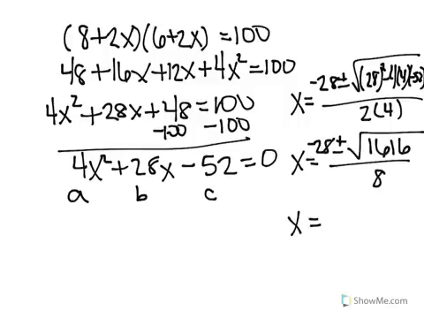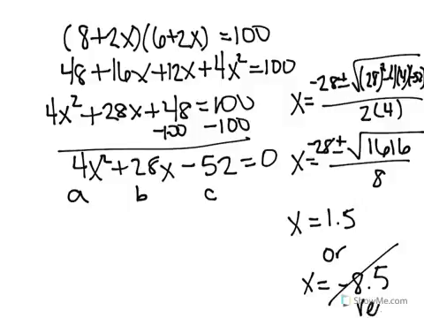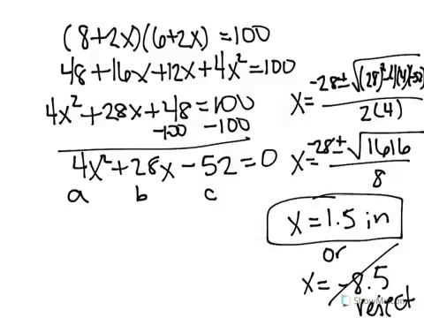What we'll end up with in the end is x equals 1.5, or we'll have x equals negative 8.5, but we can't have a negative length or width, so we're going to reject that, and we're going to keep 1.5 inches. And that's our final answer.